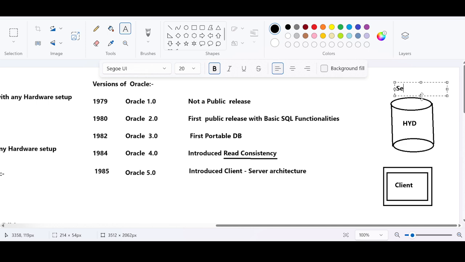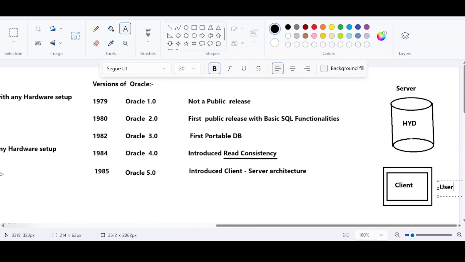It is also called the server. This is the client, and the client can be a user. Let us say that in your room there are multiple systems, 10 machines. The database can be installed on the 10th machine, but you can operate on that database from the first machine. That is called client server architecture.